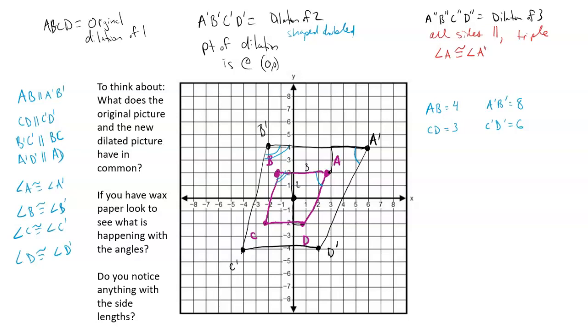So again, up 2 over 3, up 2 over 3. So I'm going to go up 2 more and then over 3, A double prime. Down 2 over 1, down 2 over 1, down 2 over 1, D double prime, and then down 2 over 2, down 2 over 2, and then up 2 over 1, B double prime.